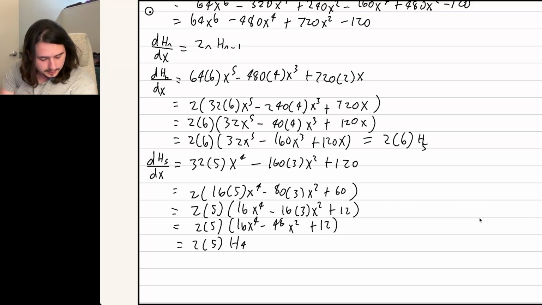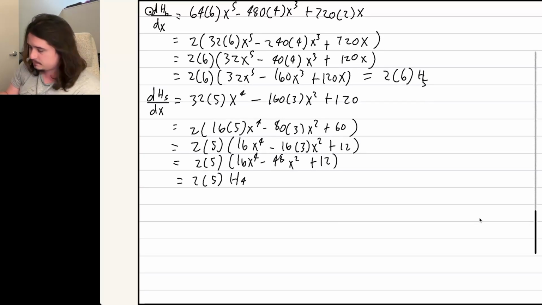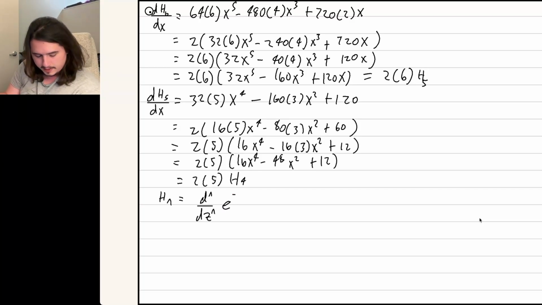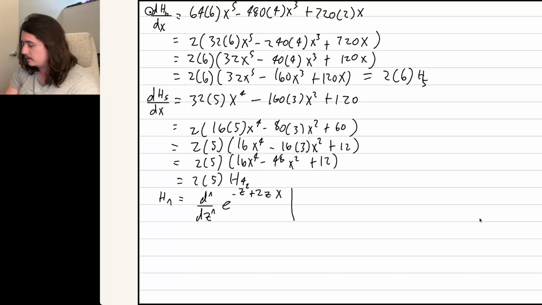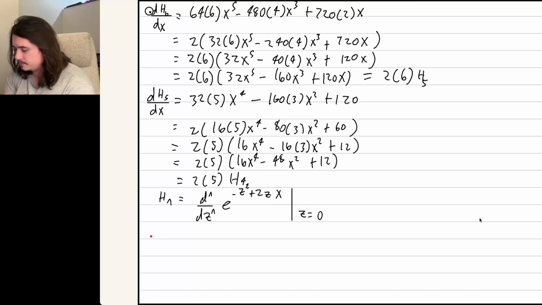The next and final part of this problem is to use the fact that hn will be the nth derivative with respect to z of the generating function e to the minus z squared plus 2zx, evaluated at the point z equal to 0. And we're meant to find h1, h2, and h3 using that.